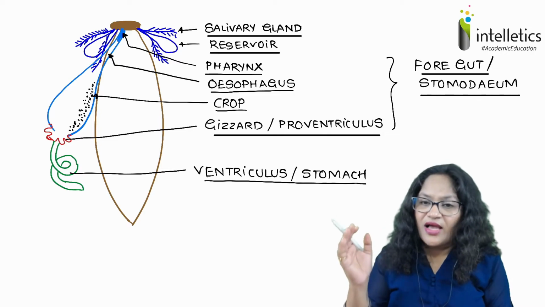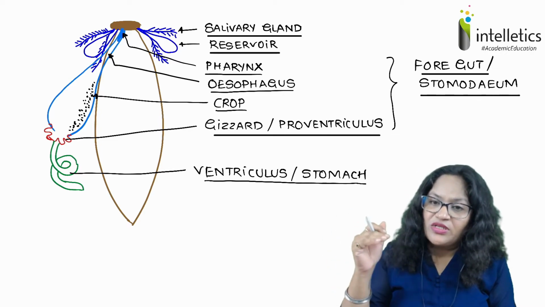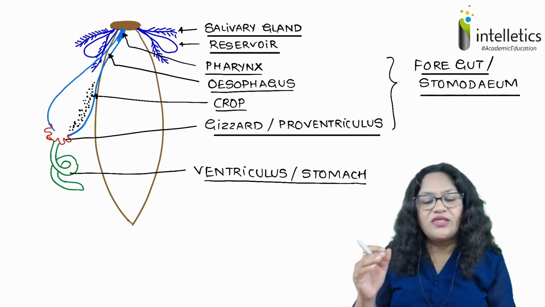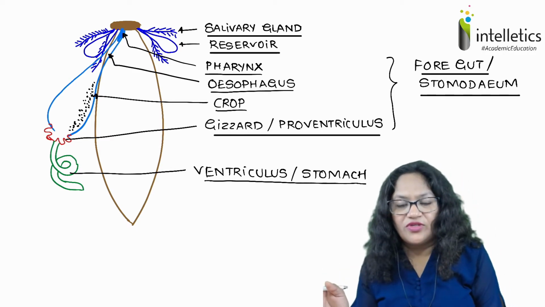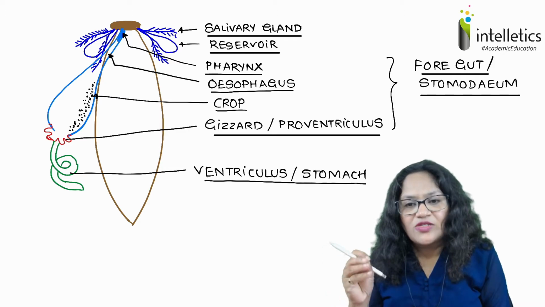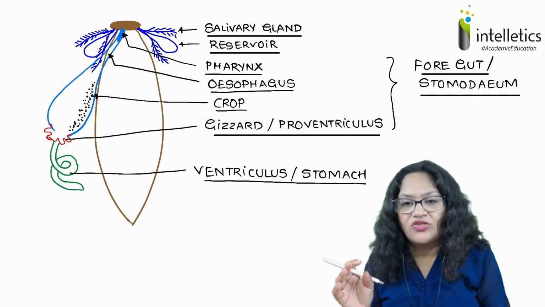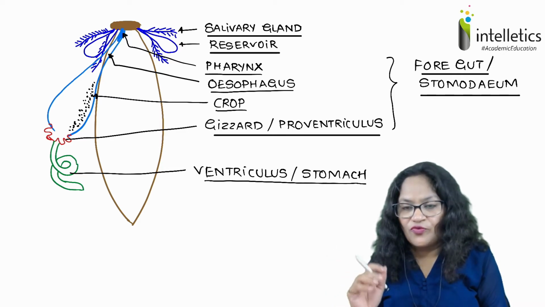In that case, the chitinous teeth which are present inside the gizzard, which are seen very distinctly in the transverse section of the gizzard, it acts as what? It helps in mastication, or you can say crushing of the food.